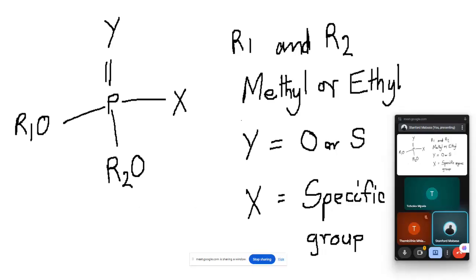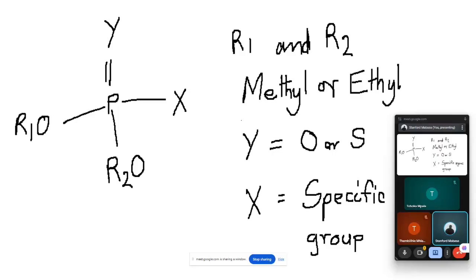Now what you see where we have P, which is surrounded by Y, X, then we have R1, O, and R2, O. R1 and R2 are representing methyl or ethyl groups which are attached to P. Then we have Y. Y can be representing either oxygen or sulfur.